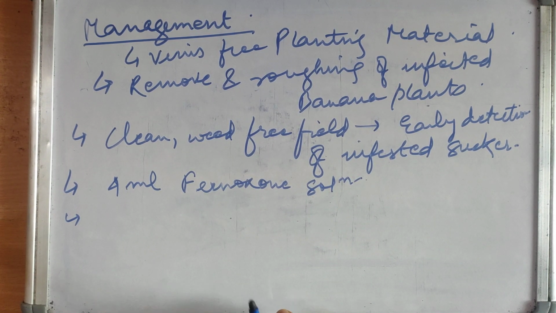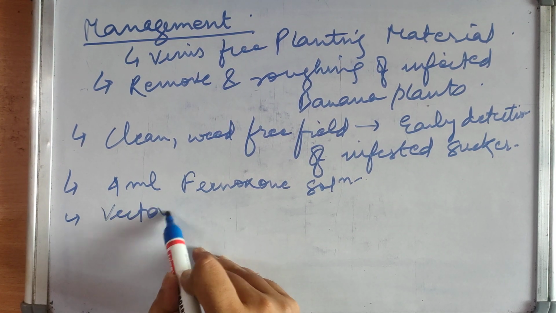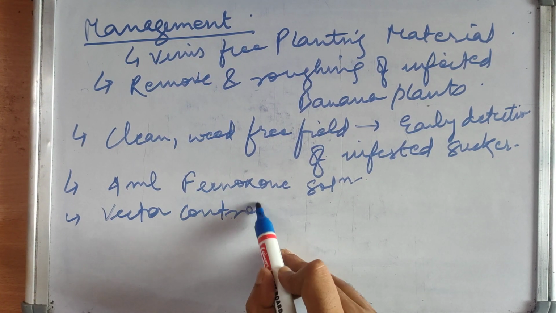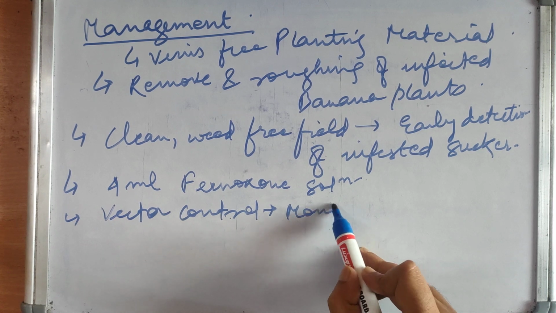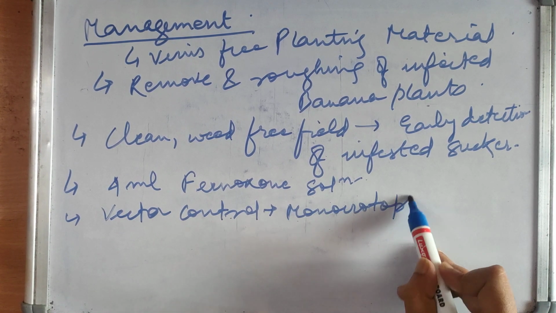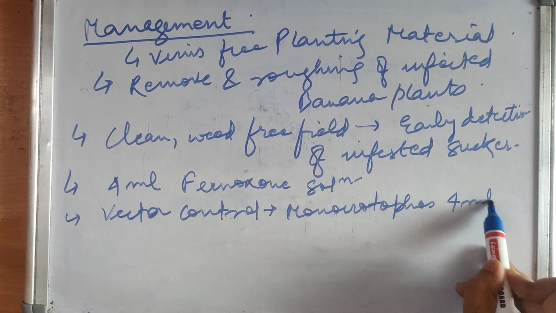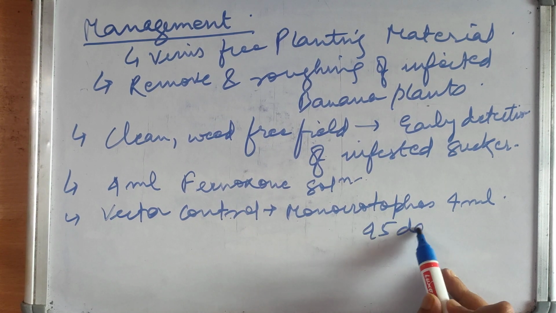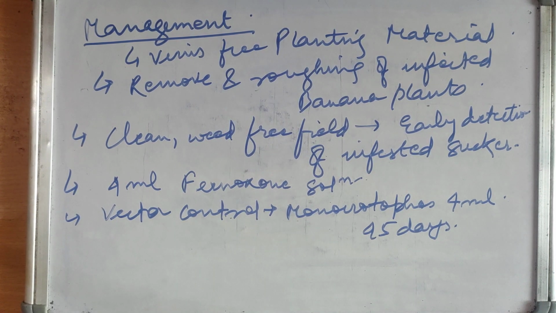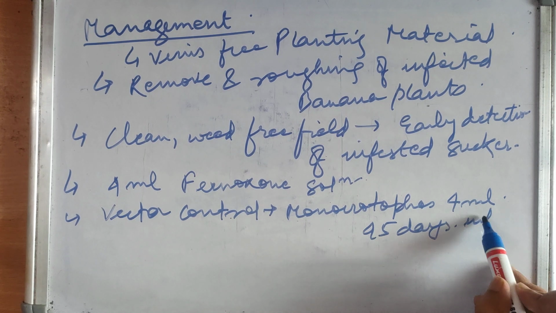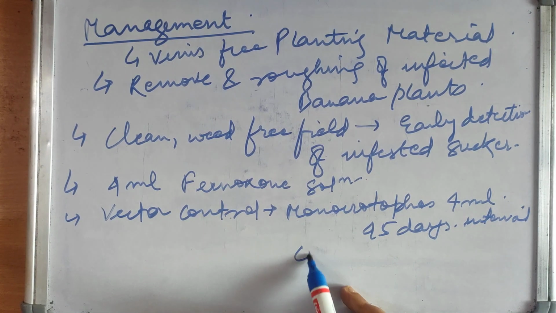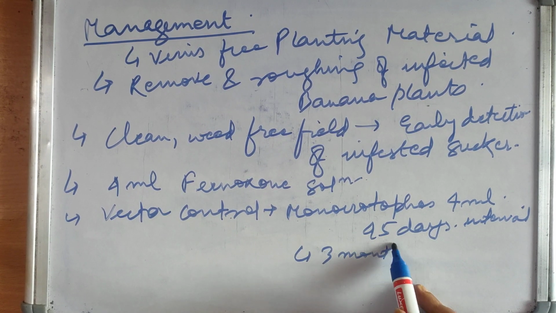For vector control, we will use monocrotophos 4 ml at a 45 day interval, from 3 months till flowering.